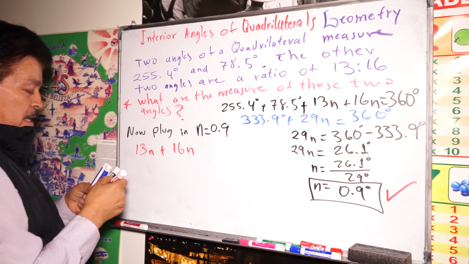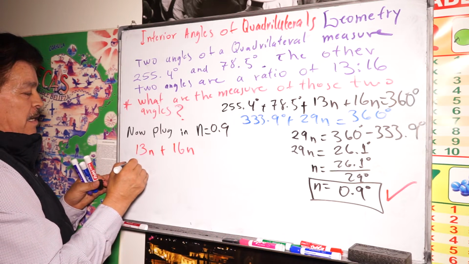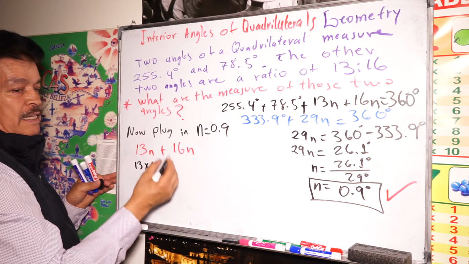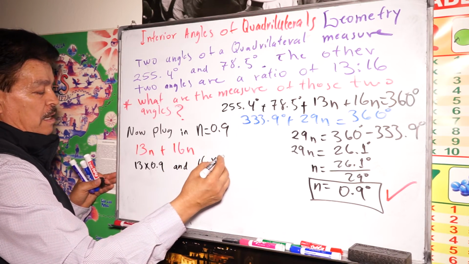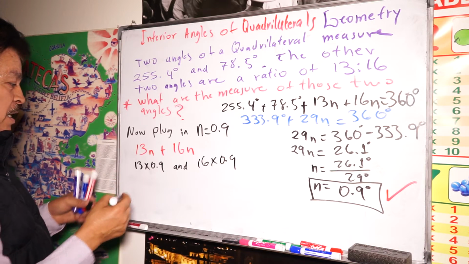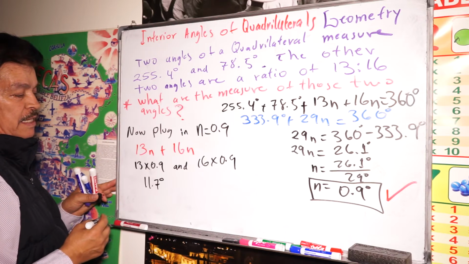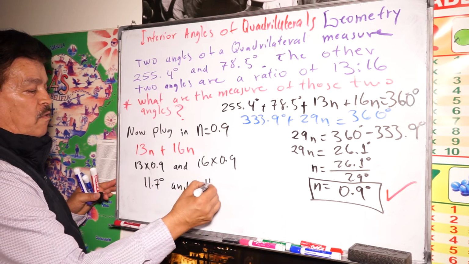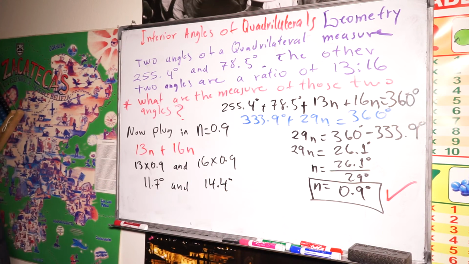You multiply 13 times 0.9 and 16 times 0.9. This should be the answer: 11.7 degrees, and here 14.4 degrees. Okay, that's the answer.